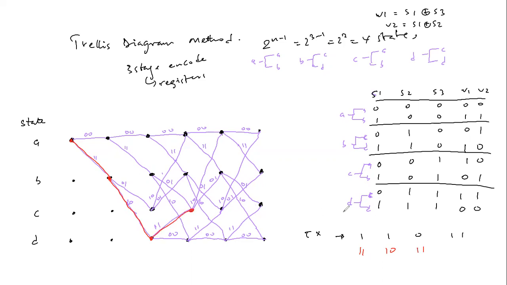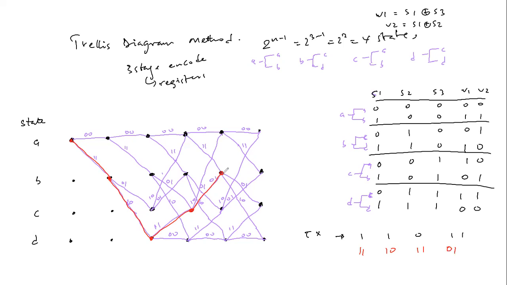Right? Then from C, it emits a 1. So it's either we'll go to A, that's emitting a 0, or we'll go to B, which is emitting a 1. So we'll go to B. And in going to B, the output is 0, 1, right?